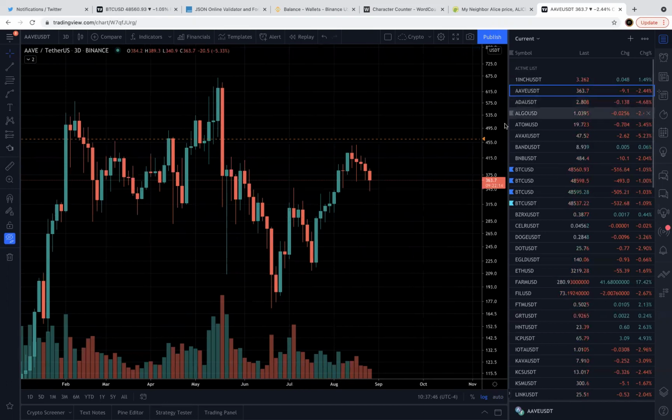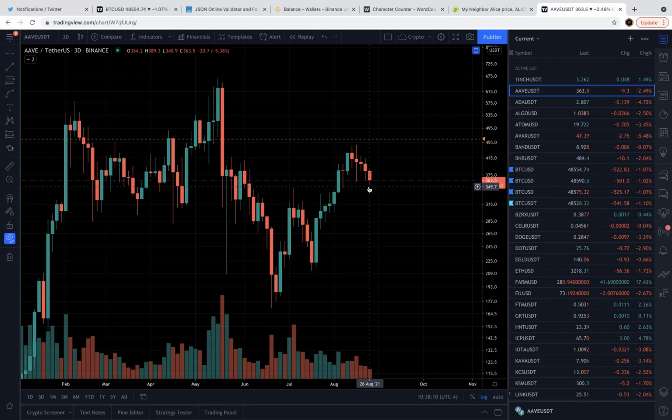Okay. Aave almost hit the interim resistance, you see, and then it went down. Because it reached it, this was the first reaction compared to 1 inch's earlier reaction, and then this reaction was part of the Bitcoin. So just to remind you, there are two main technical reasons.